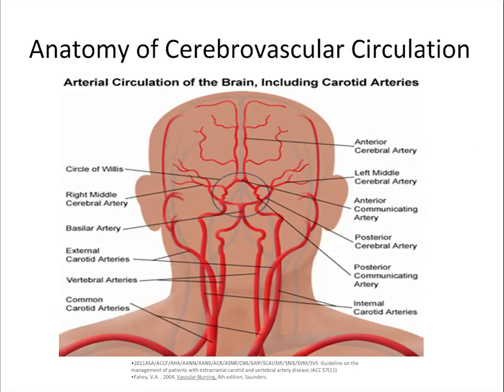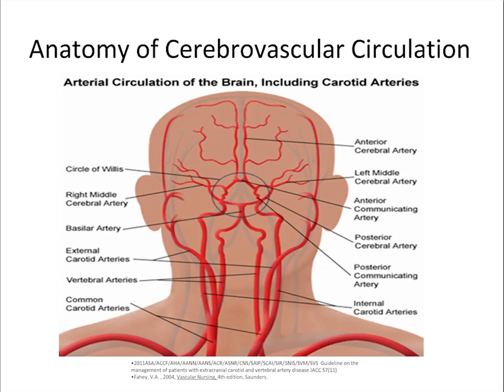In the intracranial space, the right and left carotid arteries give rise to the posterior communicating artery, which connects the circle of Willis with the posterior cerebral artery that arises from the vertebrobasilar circulation. The internal carotid artery bifurcates into the anterior cerebral and middle cerebral arteries.